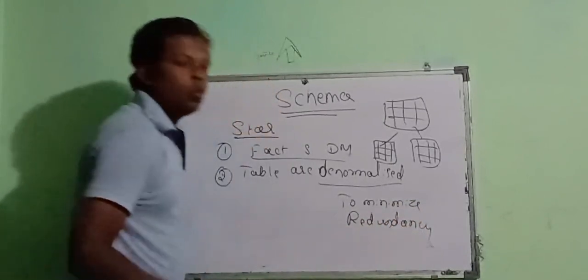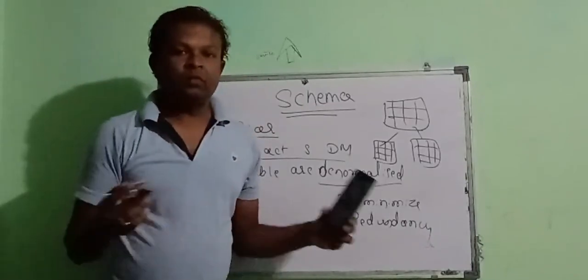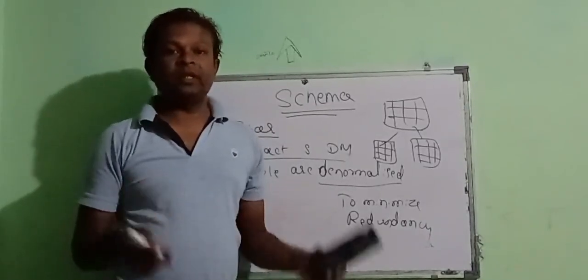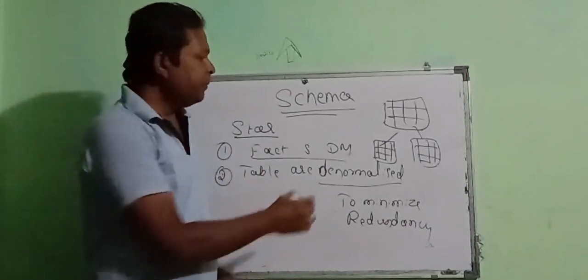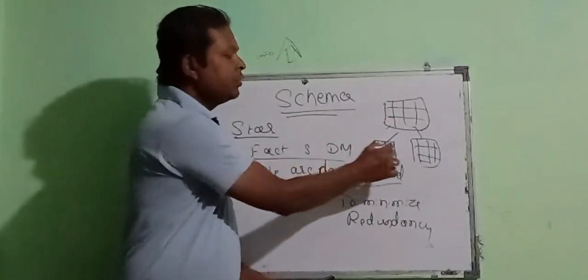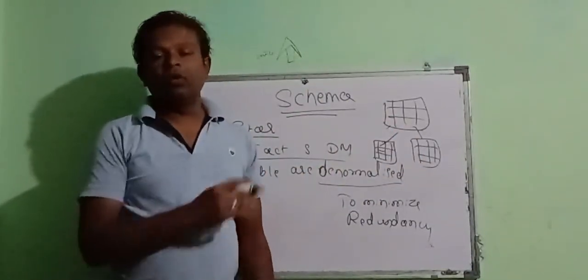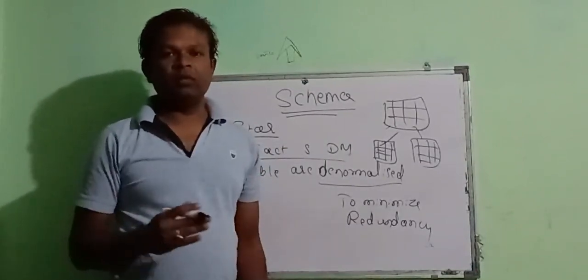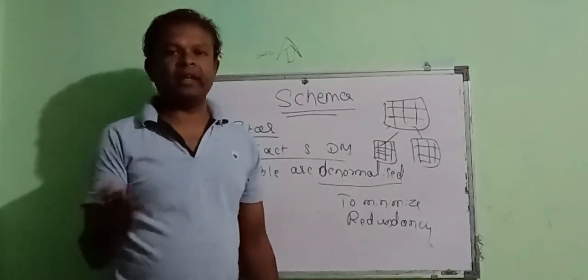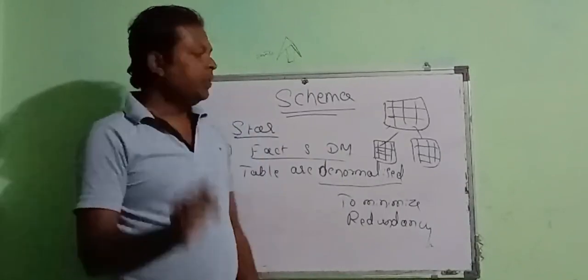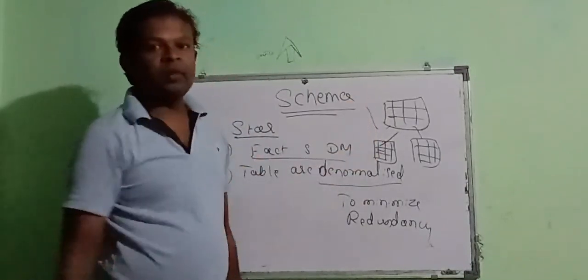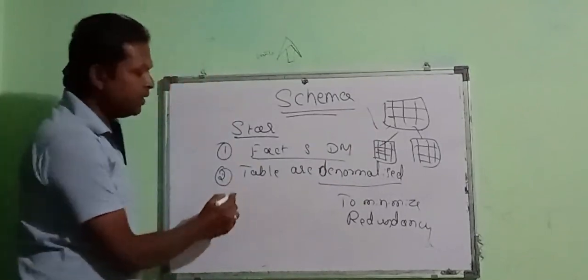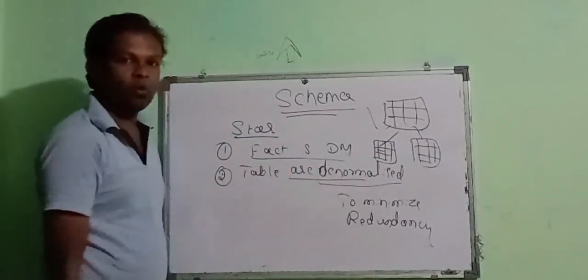Redundancy is repeated values. To avoid repeated values, we can divide the tables into two or more tables, so that the data does not repeat again and again. For that purpose, we use normalization. But in star schema, the tables are denormalized.